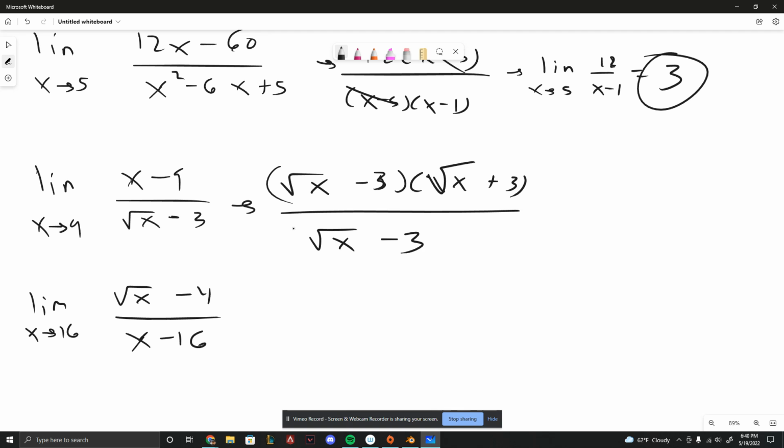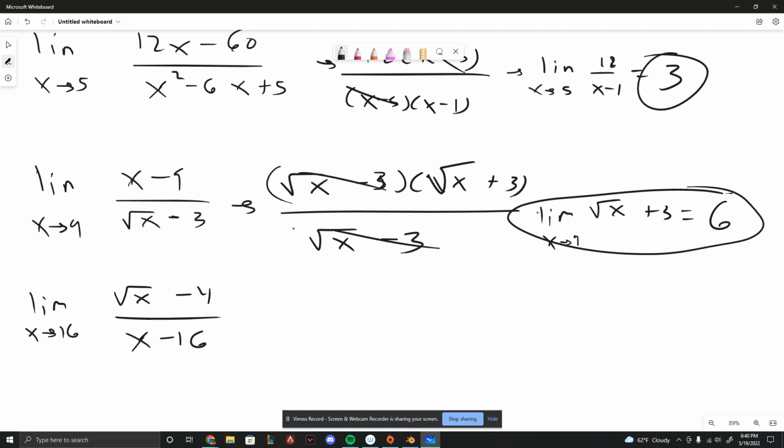Root x times root x is x, and then negative 3 root x and positive 3 root x will cancel, and then negative 3 times positive 3 is also negative 9. So it does work. And then we can just cancel this, and we'll have now the limit as x approaches 9 of root x plus 3, which will be 3 plus 3, which is 6. So that is one way to do it.